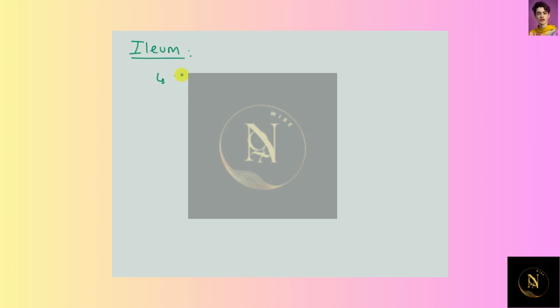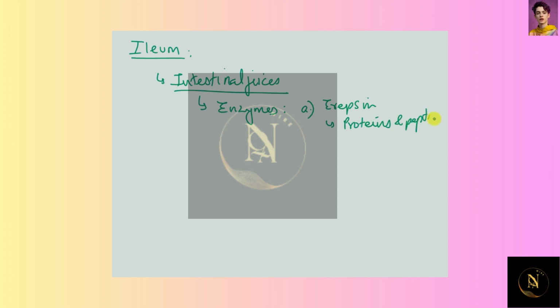Then we come to the ileum, which is the next part of the small intestine, and in the ileum, intestinal juices are secreted, and these intestinal juices contain enzymes such as erepsin. Again, this acts on proteins and peptides.